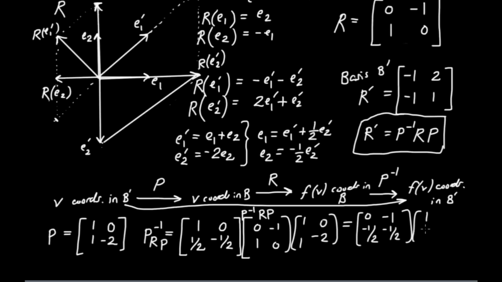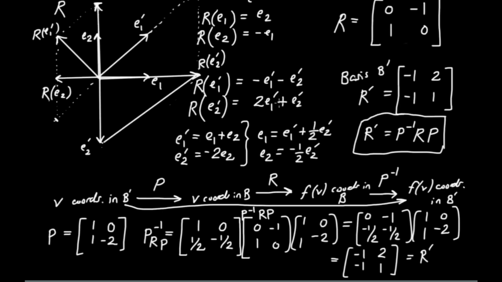Then we have 1, 1, 0, minus 2. 1 of the first column, 1 of the second column, so we just sum the columns. Minus 1, minus 1. 0 of the first column, minus 2 of the second column, which is 2, 1. Which is indeed equal to R prime above.